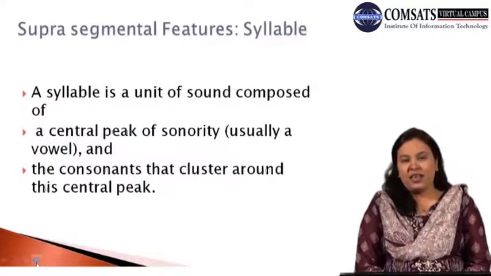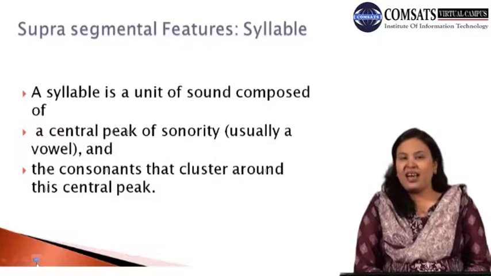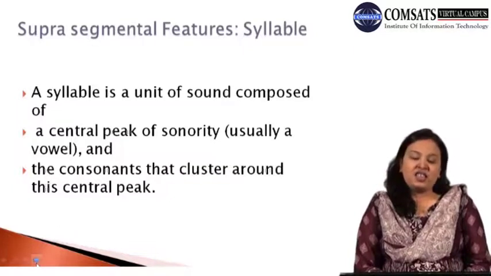Another idea about syllable is that a syllable is a unit of sound composed of what? A central peak of sonority known as a vowel, that is usually a vowel, and the consonants that cluster around that central peak.